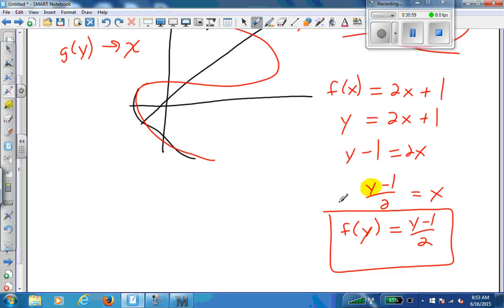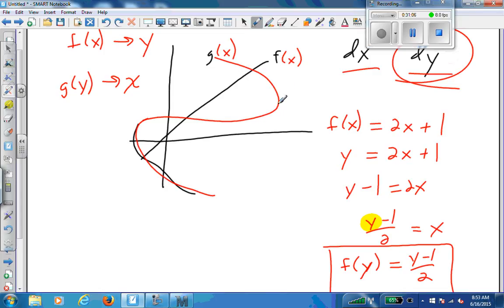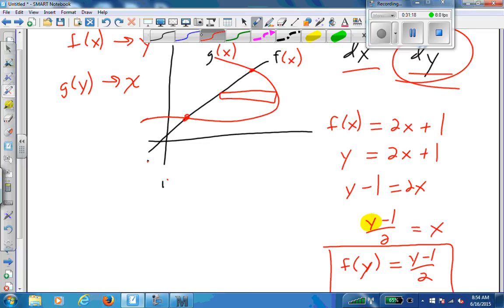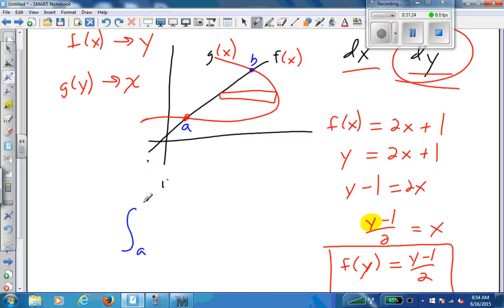Then we would do the same thing for g. So if we did our integral, once we found out where they intersected at A and B, then we would integrate from low to high, and we're doing that as a function of y.